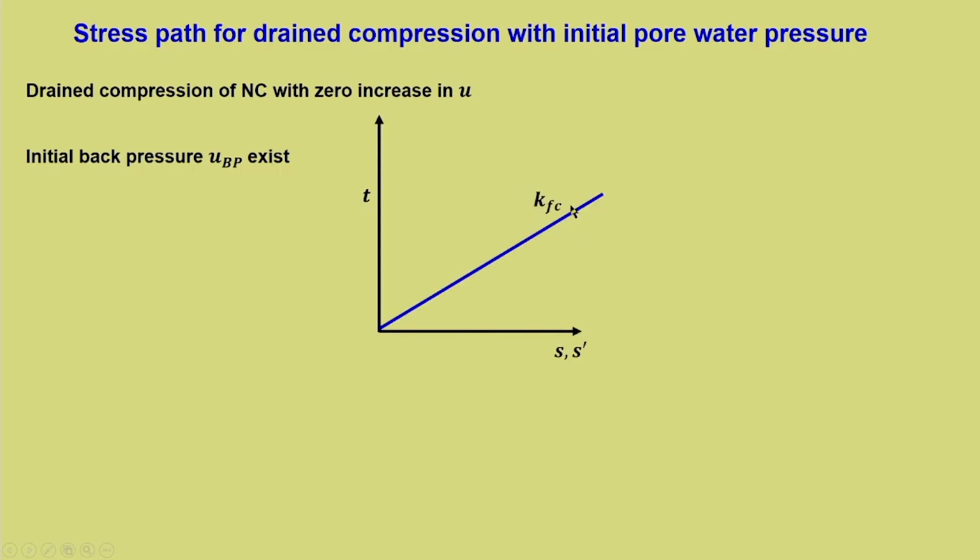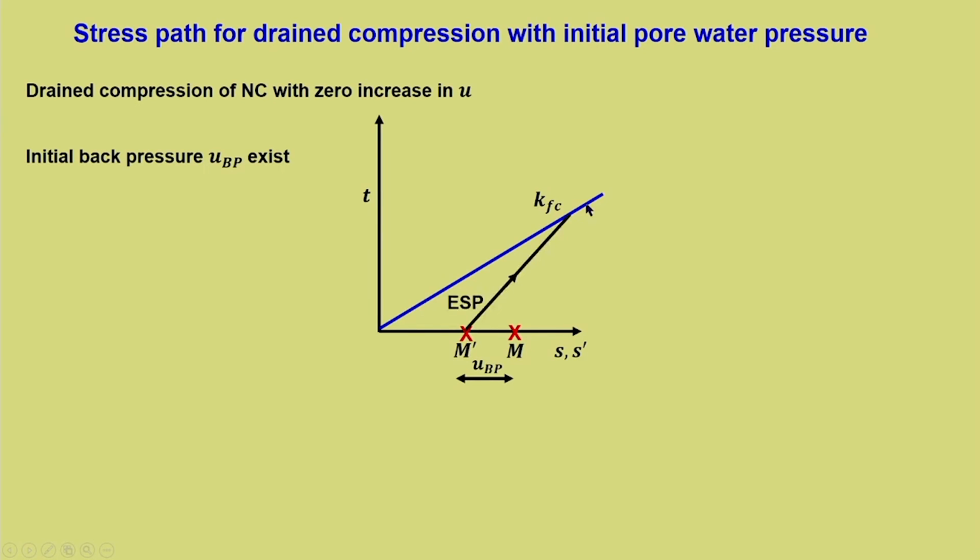So, again the TSS dash plot, the KF line has been drawn, and the initial isotropic consolidation M is stated here. So, there is a back pressure. Now the initial total stress point and effective stress point are different because of this difference in back pressure. So, here it is M, here it is M dash.